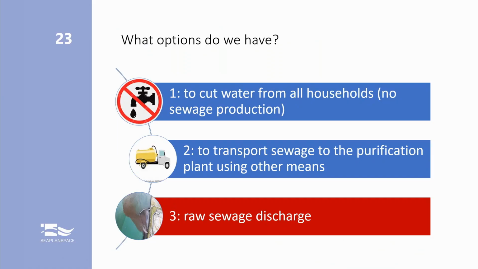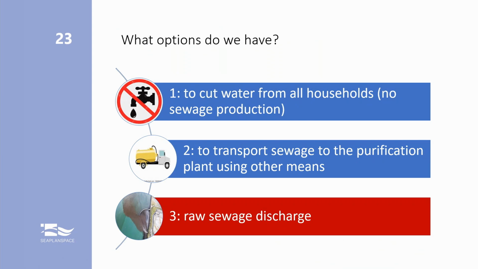However, this is very unlikely, especially in larger agglomerations, because people will not be disciplined enough to not use water resources, and it's also difficult to demand from people that they not use water at all.